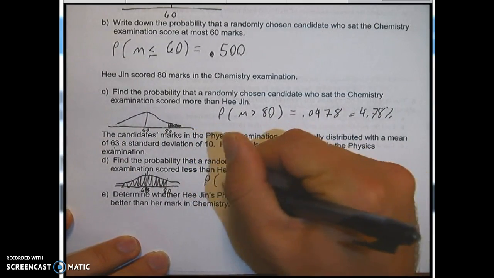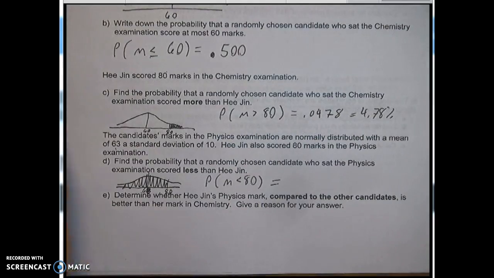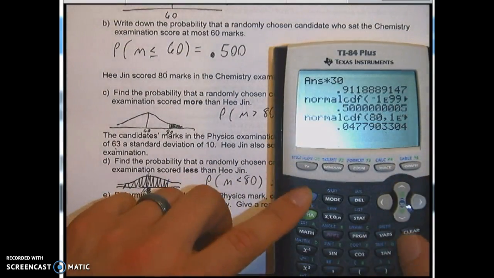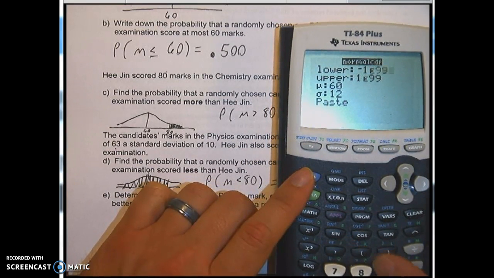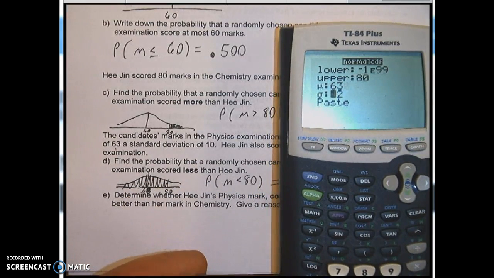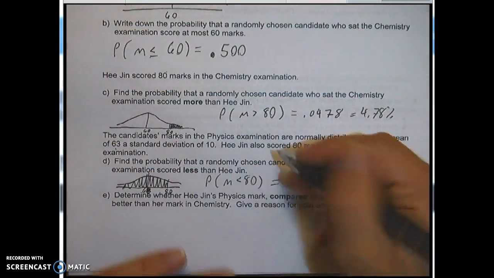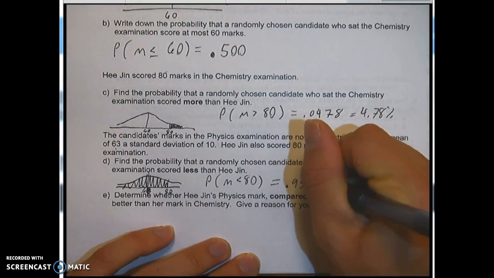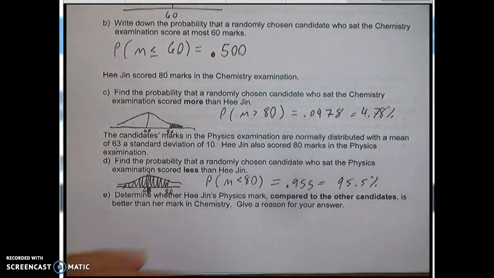So the probability that they got marks less than 80, we will go to the calculator to ask the calculator that. Second var is 2. The lower bound is negative infinity. The upper bound is 80. The mean now is 63. Standard deviation is 10. So the probability of that happening is 0.955. Just about 95.5% of students scored less than that student.